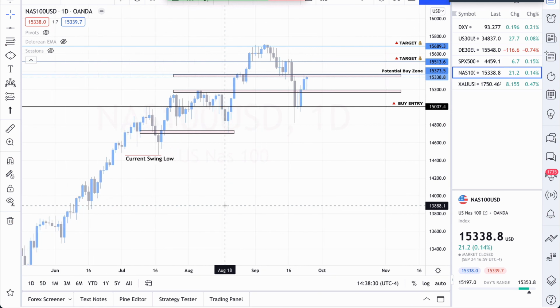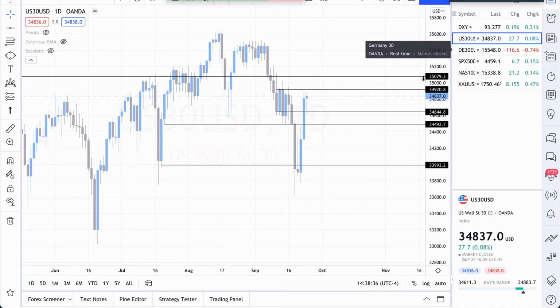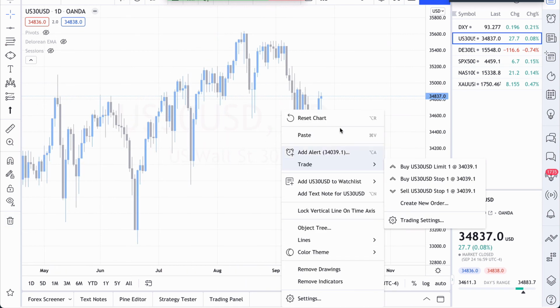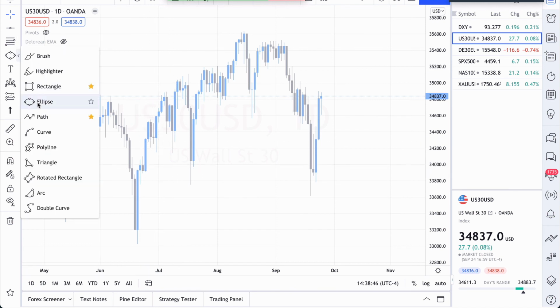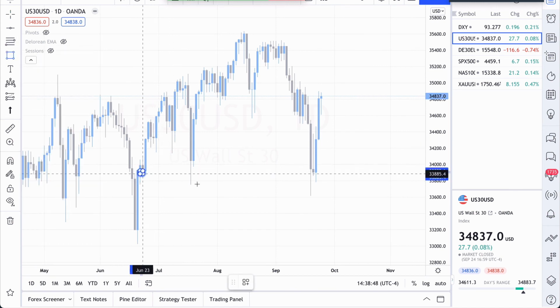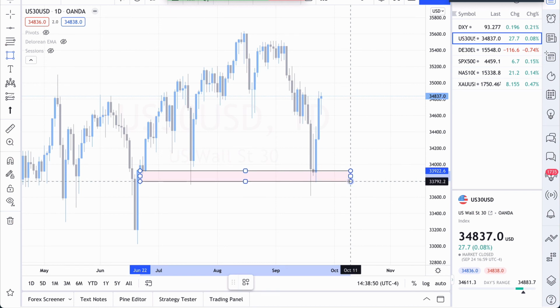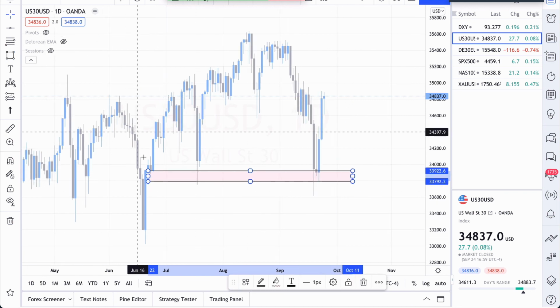That's nice. Let's look at US 30. Let's clean this up. Key level right here. See, it's bouncing around that level. Came, played around, pushed. Came, played around, pushed.